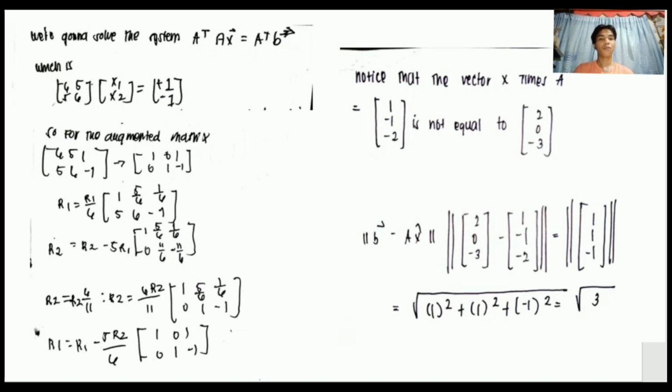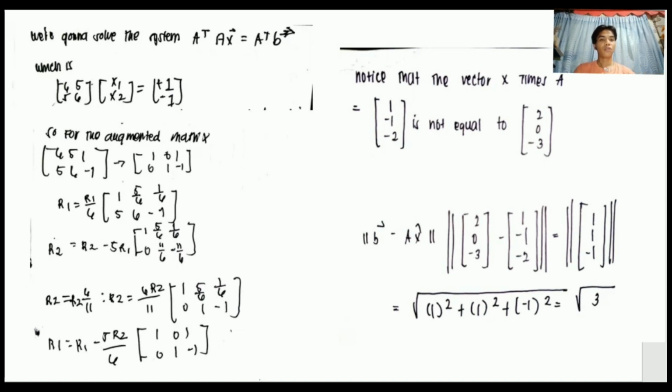The same for our row 2, we have the formula R2 minus 5 times R1, since we are aiming to get the 0 from 5 and also the 1 from 6, as well as for our negative 1. So we have here 0, 11 over 6 and negative 11 over 6.